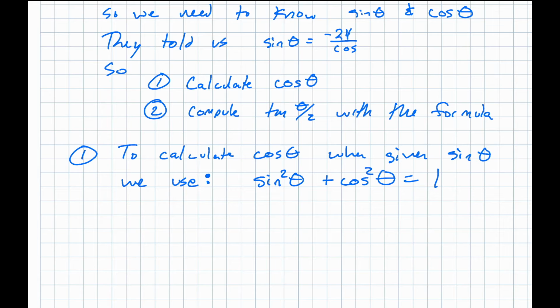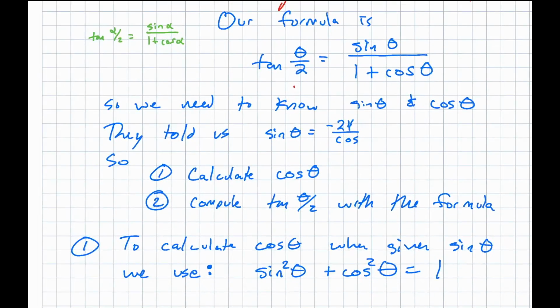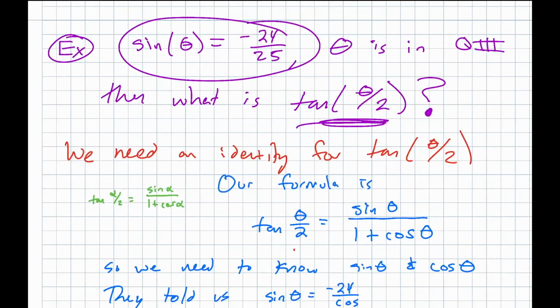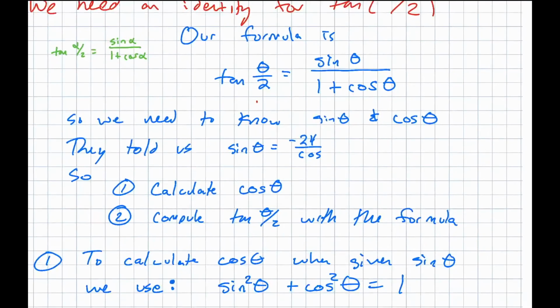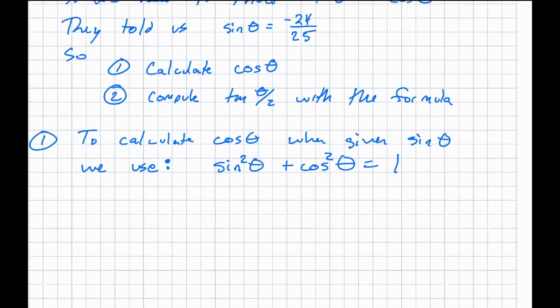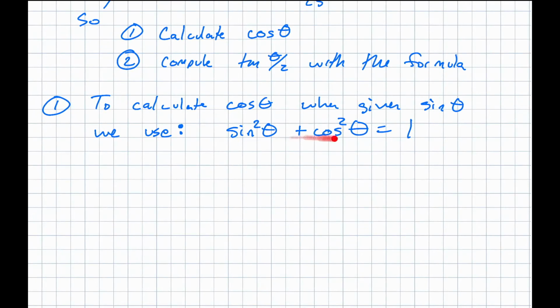That's the Pythagorean identity. I just realized I wrote this wrong up here. This is negative 24 over 25. I wrote negative 24 over cos, which makes no sense. Sorry.